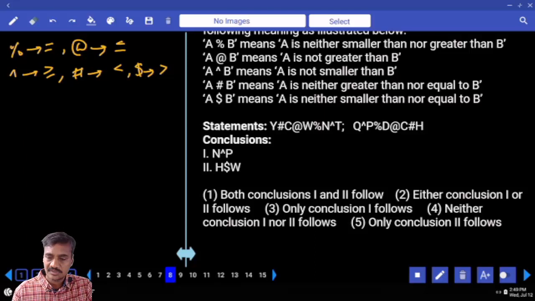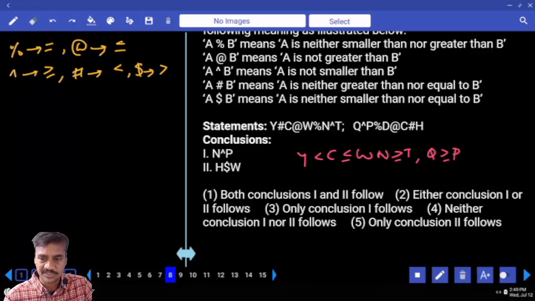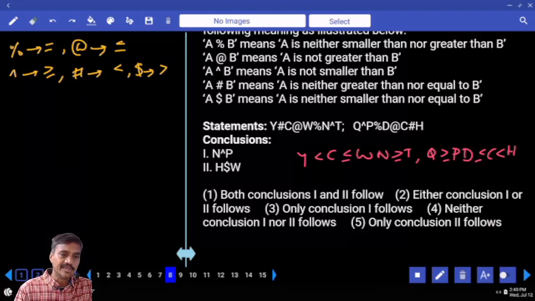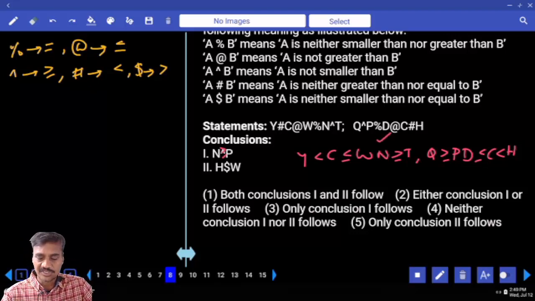Then the 8th one. In this question number 8, Y hash. Hash stands for Y lesser than C, and C at the rate of lesser than or equals to W equals to N, and N greater than or equals to T. In the second, Q greater than or equals to P, and P percentage means P equals to D, and at the rate of means lesser than or equals to C, and a hash stands for lesser than H. Then in this, N greater than or equals to P. Now N and P: N is here, P is here.